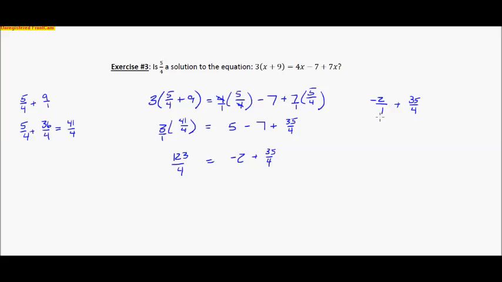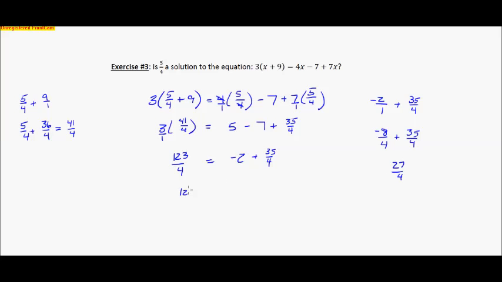And so to turn this negative 2 over 1, I'm going to multiply the top and bottom by 4. So I get negative 8 over 4. Alright, and when I add those, negative 8 plus 35, that is going to be positive 27 over 4.